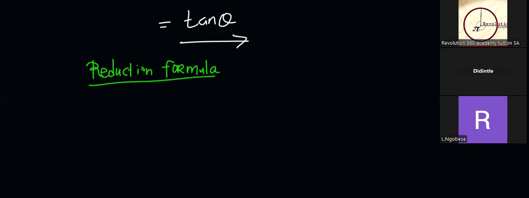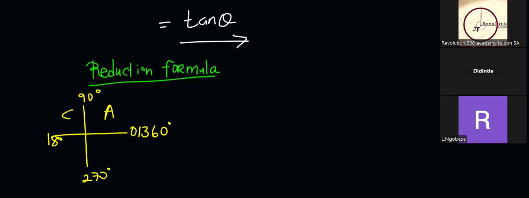You're always going to have a Cartesian plane with 0, 90, 180, 270 and 360. So it's all students take coffee. The first one we call the first quadrant, then this one is the second quadrant, then the third quadrant, then this one is the fourth quadrant.